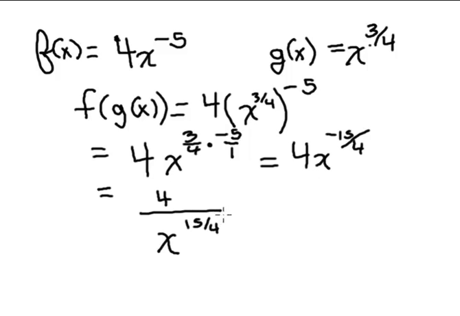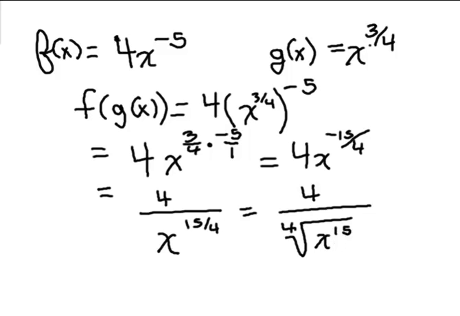There are different ways you could write this, but just to remind ourselves, this means the 4th root of x to the 15. Now, if we really wanted to, we could rationalize this denominator, but I'm not going to do that.